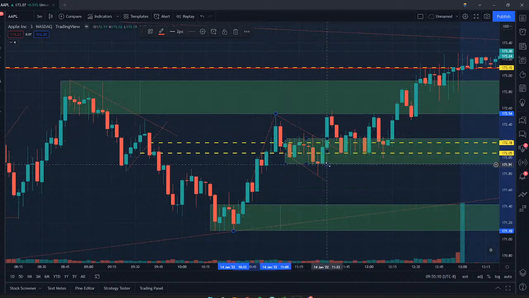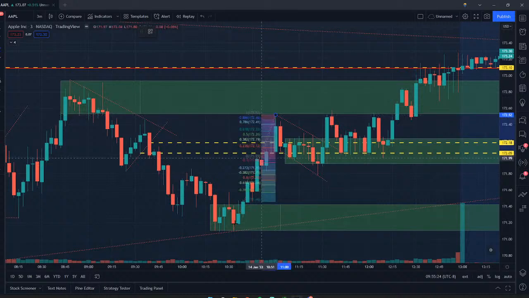It's close enough to being more than 50% for me as far as calling this a bull flag. The other thing with bull flags is they're going to be measured moves. I might do this backwards. I apologize.